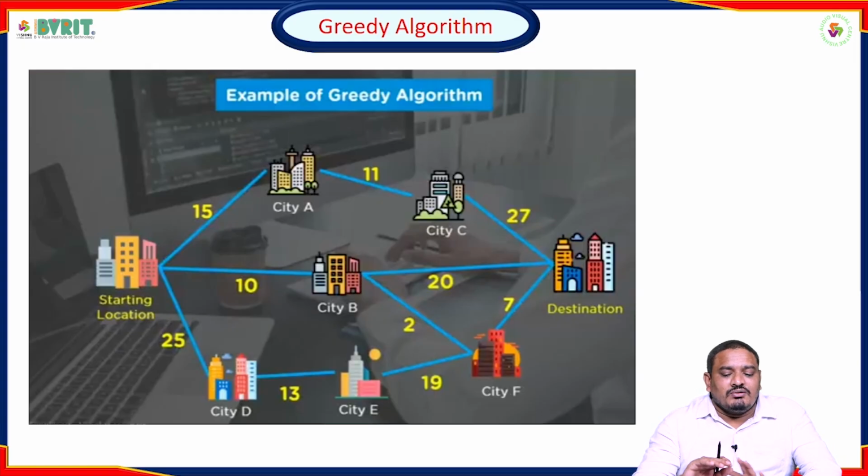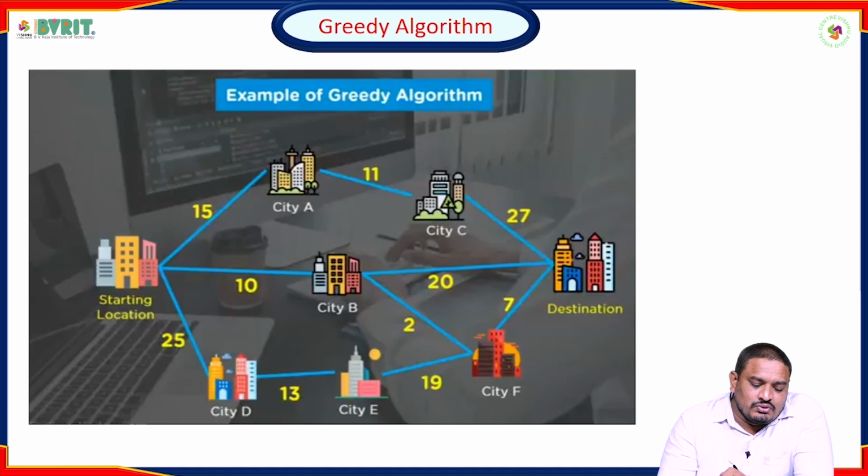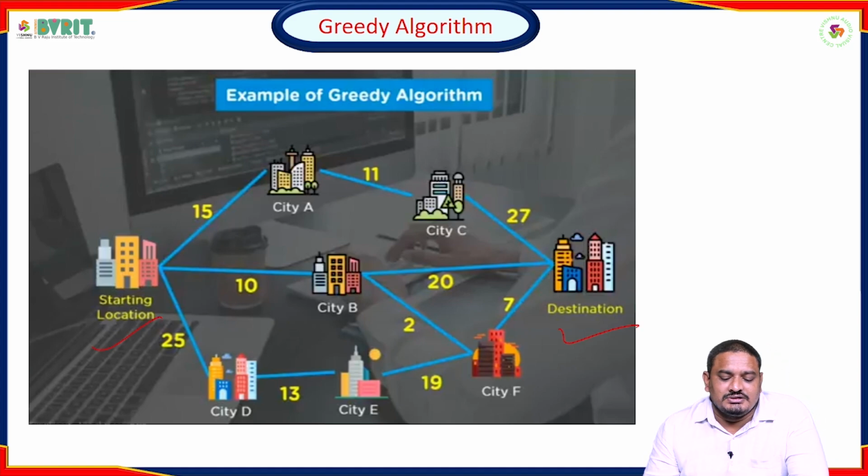This is one real-time example of the greedy technique: the traveling salesperson. There is a source and a destination, and between them there are a number of cities: city A, city C, city B, city D, city E, and city F. The person can start at the source and reach the destination.